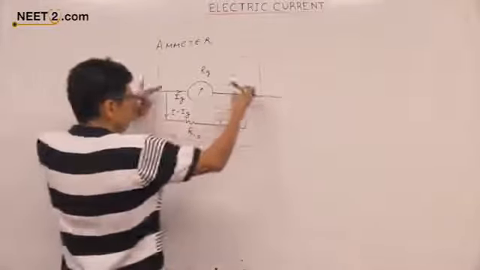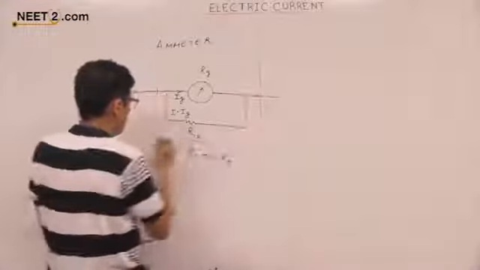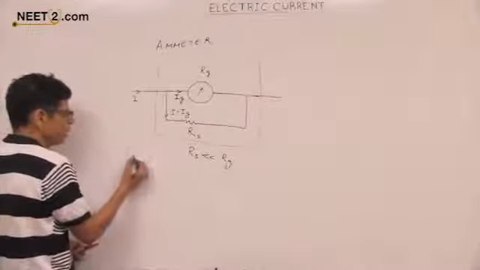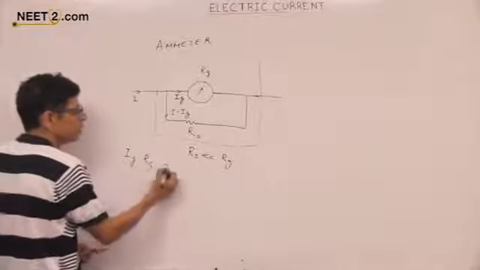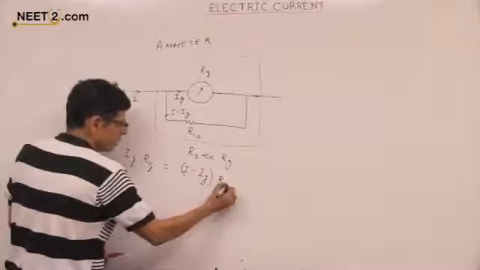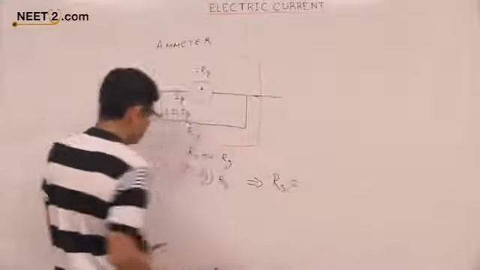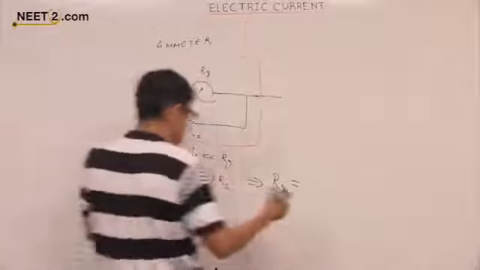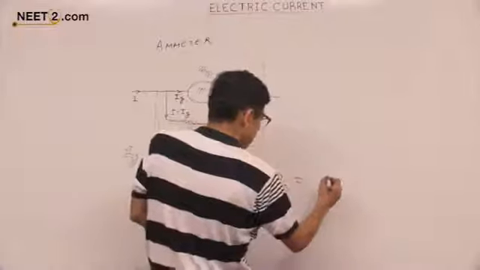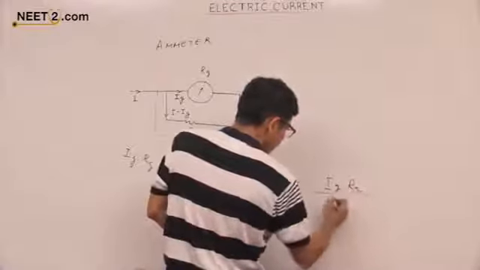Now the potential difference across this is equal to the potential difference via this route. So I have Ig Rg is equal to (I minus Ig) into Rs. This gives me the shunt resistance that I must put in to achieve what I want: Rs is equal to Ig Rg divided by (I minus Ig).